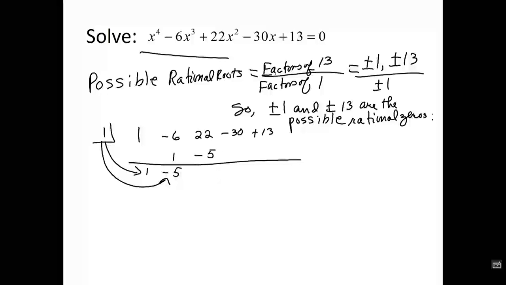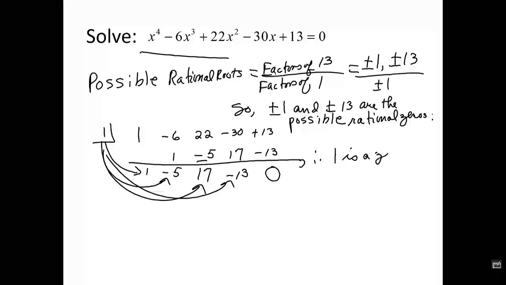Negative 5 plus 22 is positive 17. 1 times 17 is 17. 17 plus negative 30 is negative 13. 1 times negative 13 is negative 13. Upon adding, we get 0. So what do we conclude? We conclude that, therefore, 1 is a zero.